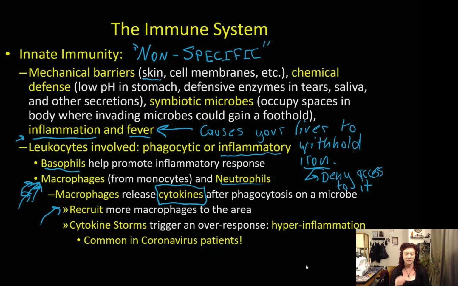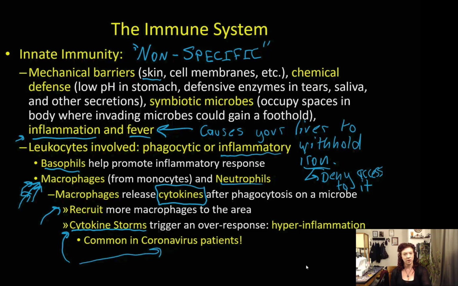The trick is sometimes you can release too many cytokines and trigger too extreme of an immune response. We call this a cytokine storm. And this is very prevalent in the news right now because cytokine storms seem to be common in coronavirus patients. Okay.